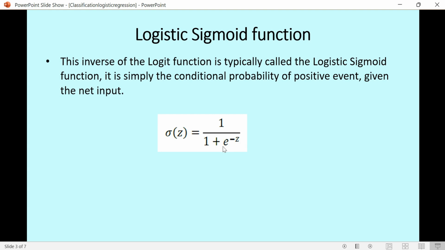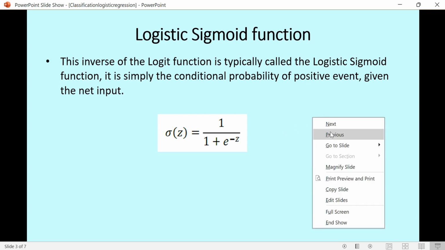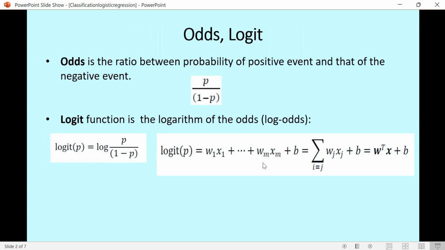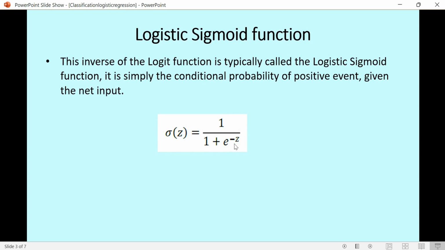Here e is the constant 2.718, right? And z is the net input, this part here. So in other words, for one person we have this person's net input, and putting this net input into this form, we get the probability of the positive event for this person.